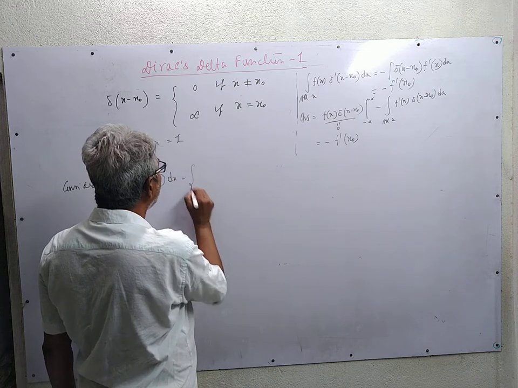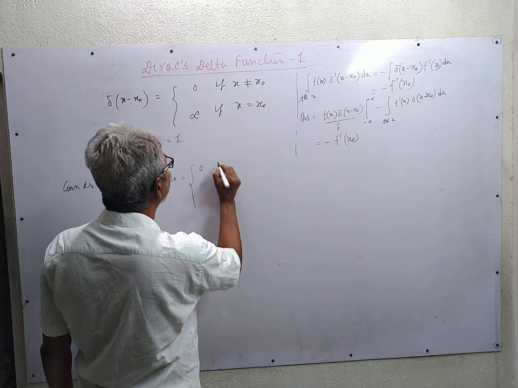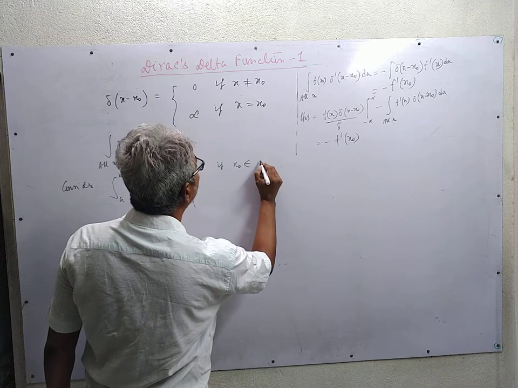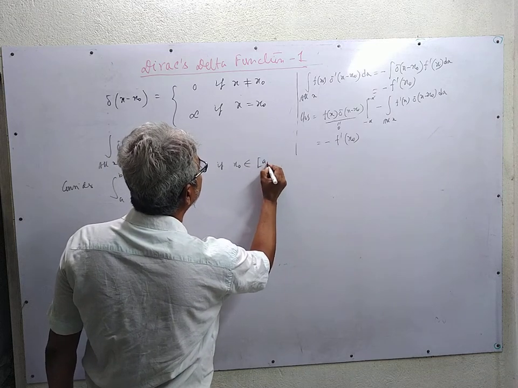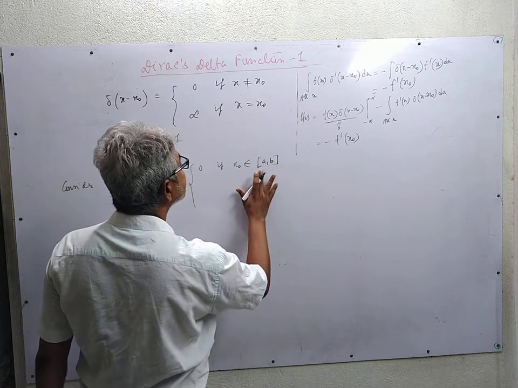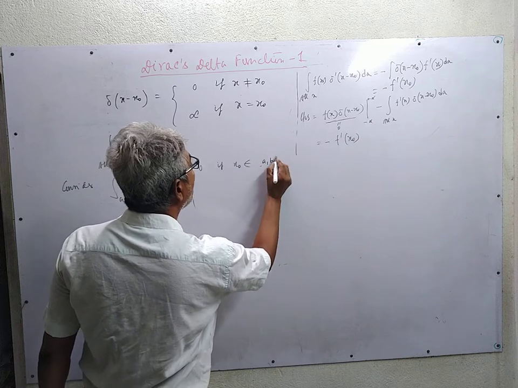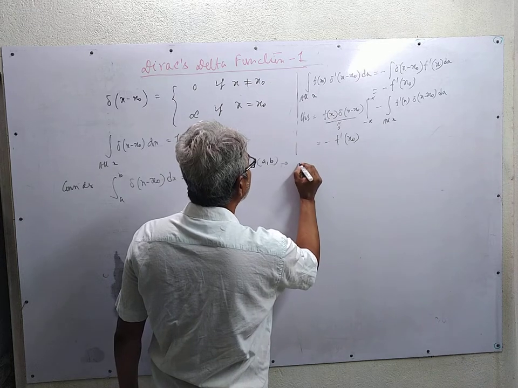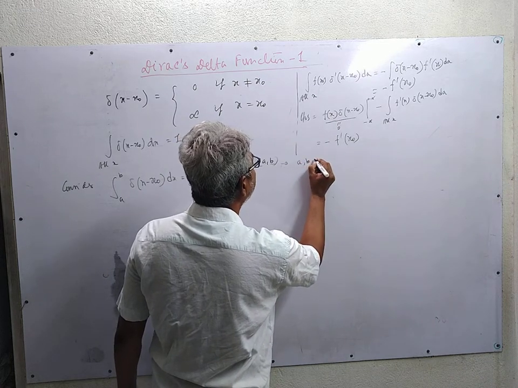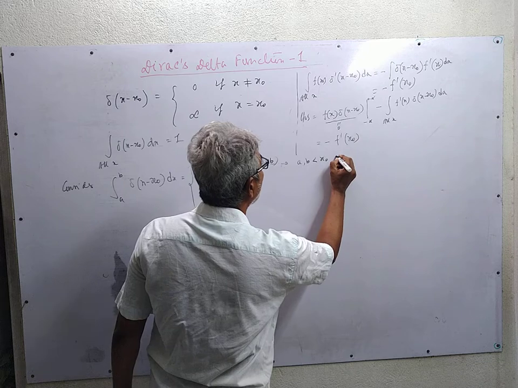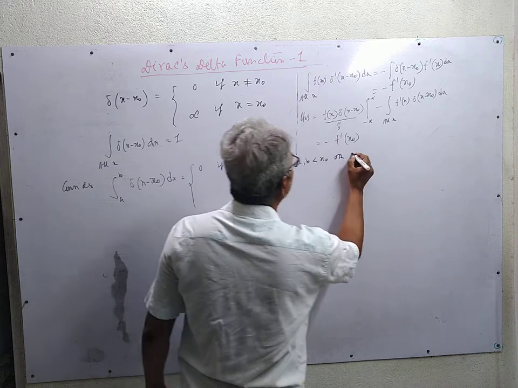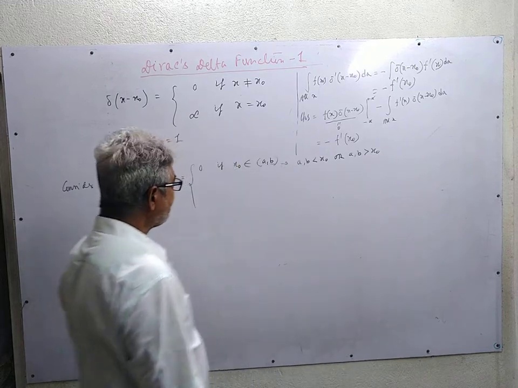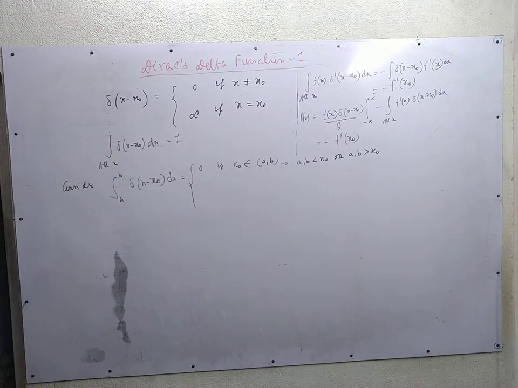This is equal to 0 if x0 does not belong to the open interval AB. This means either A and B both less than x0, or A and B both greater than x0.